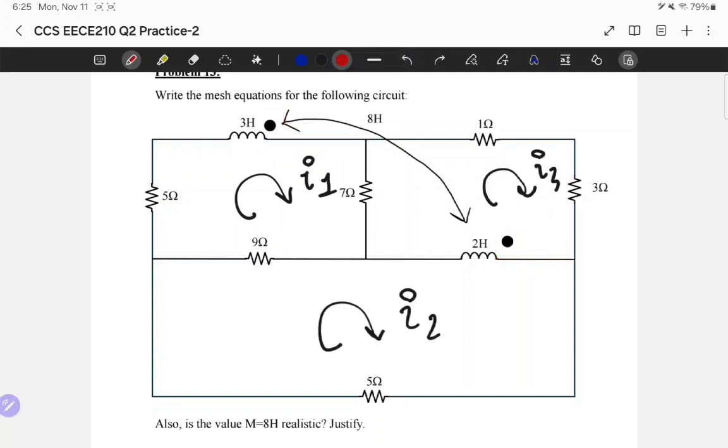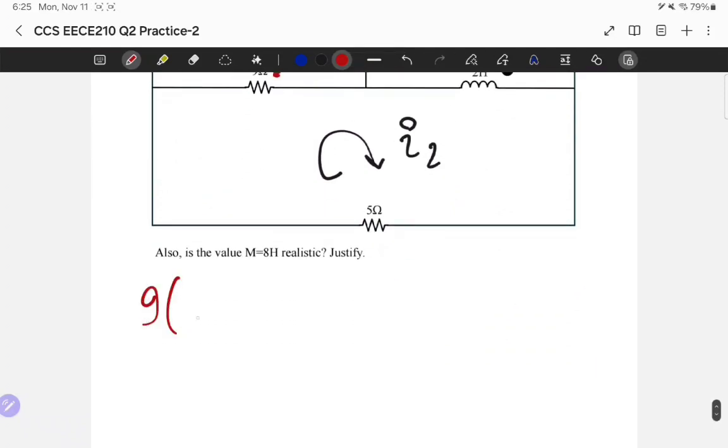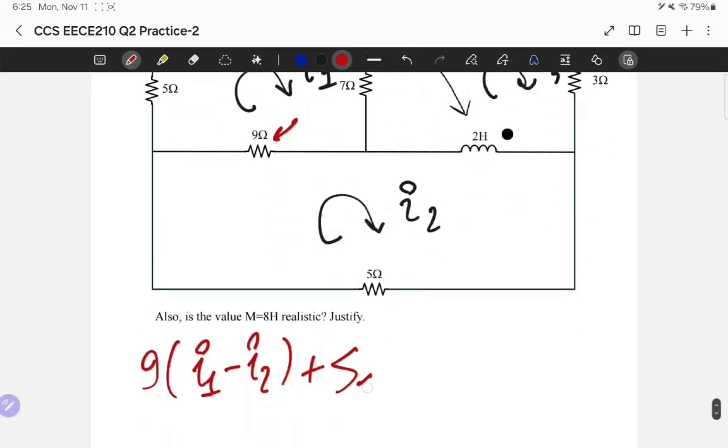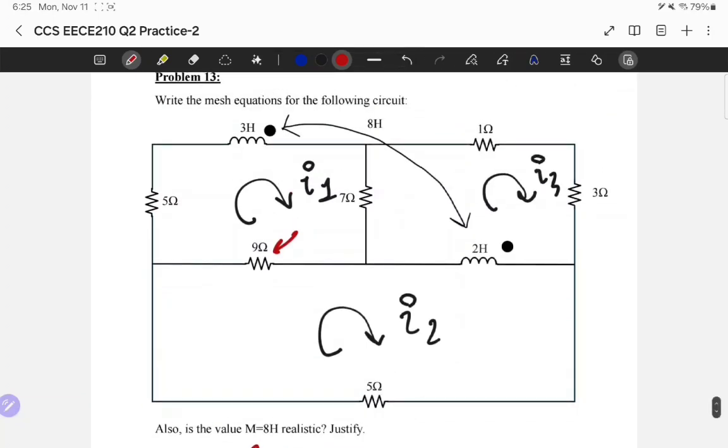Okay, let's do mesh 1. The first thing I see is 9, so 9(I1 minus I2). This is simple, and not really my point. My point is to reach the inductor. Plus 5 I1 plus, I reach an inductor. Forget that this inductor is mutually coupled. What's the voltage across this inductor?